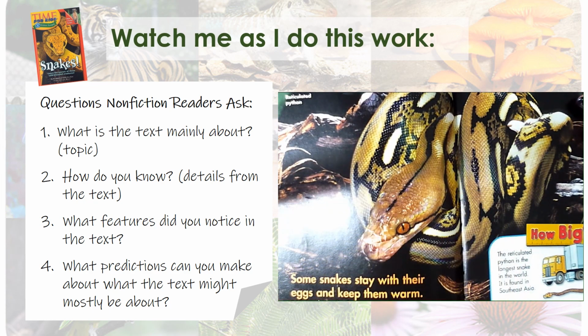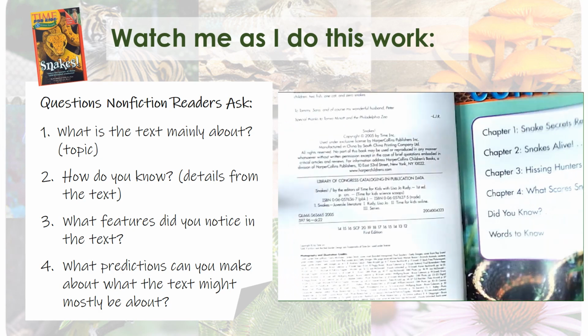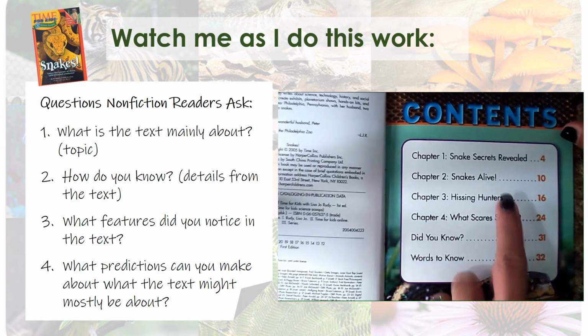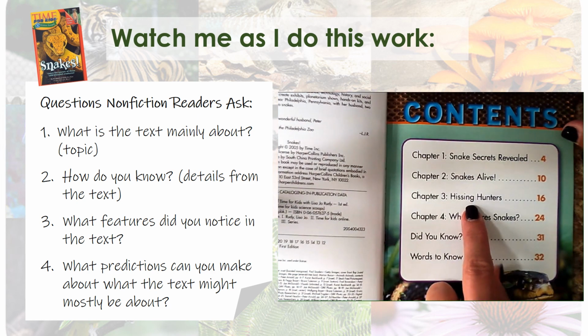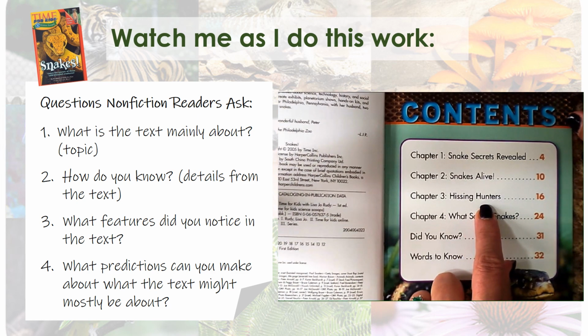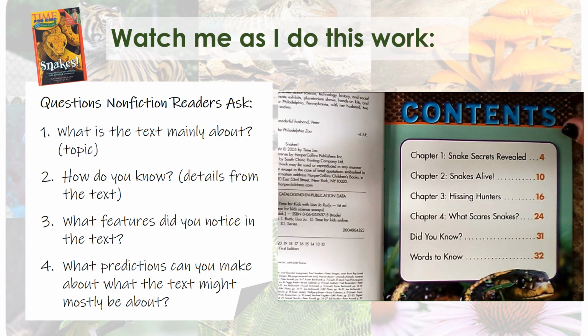If I go back to the table of contents: snake secrets, snakes alive, hissing hunters, so how they hunt, what scares snakes. So based on these things, I'm going to predict that this text is going to tell me all about snakes, maybe where they live, what they eat, what they hunt, and maybe, based on chapter 4, what scares snakes.